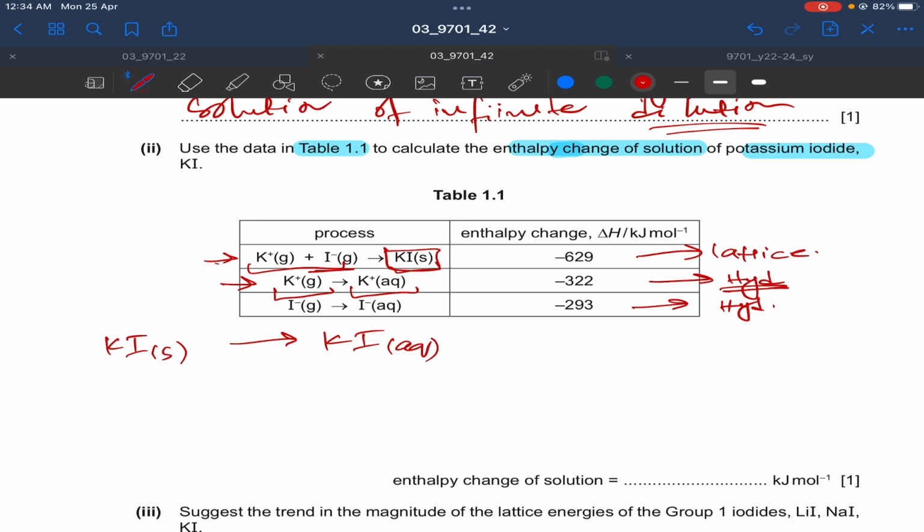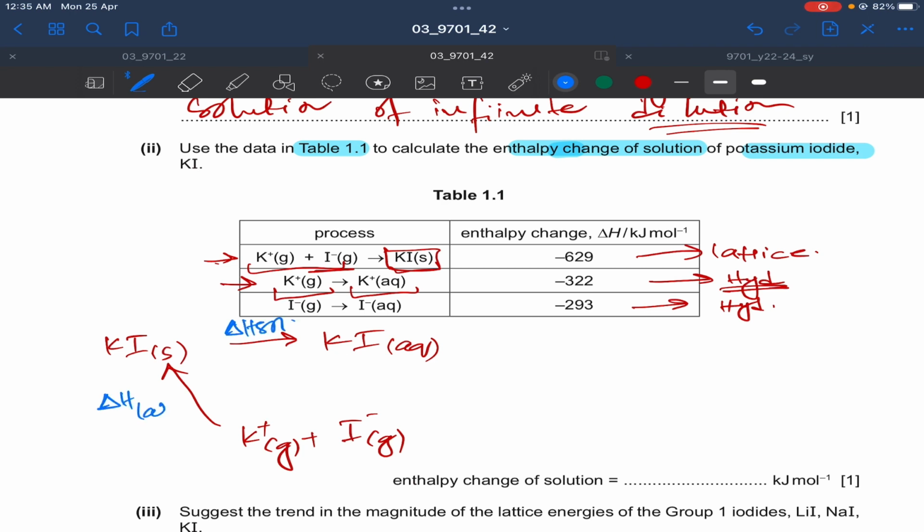This is what we have to find out, right? And if I break this KI solid to get K+ gaseous ions and iodide ions gaseous, so if we convert these gaseous ions into ionic solids, this is delta H lattice enthalpy. Right, this is delta H solution which we have to find out.